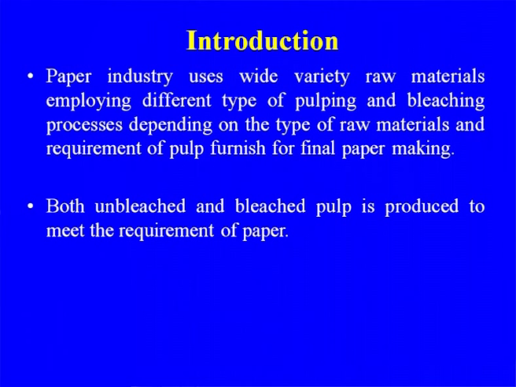Both unbleached and bleached pulp are produced to meet the requirement of paper, because we are also making unbleached paper, which is used for file boards and other packaging material, carry bags, wallpapers, and brown paper, all of which are unbleached paper.